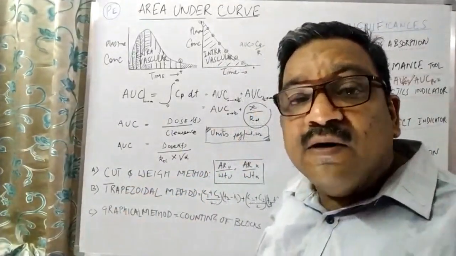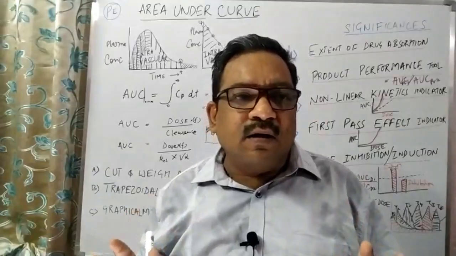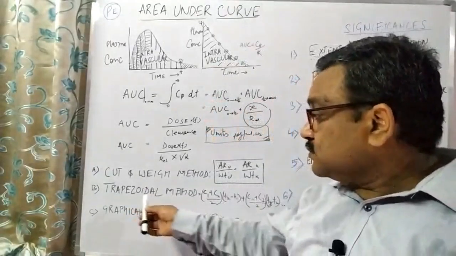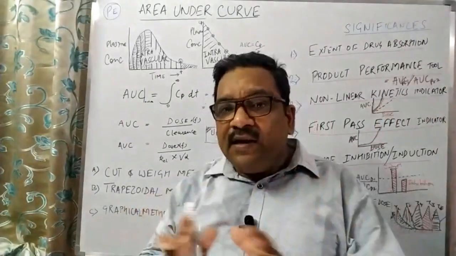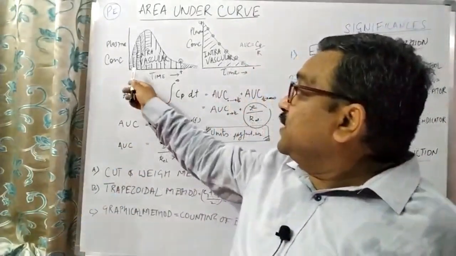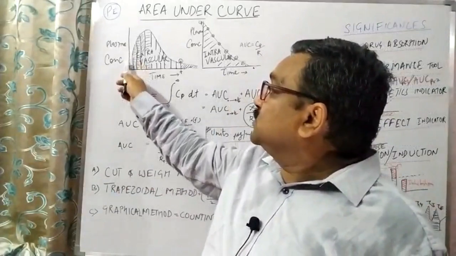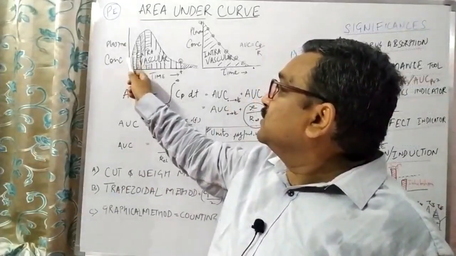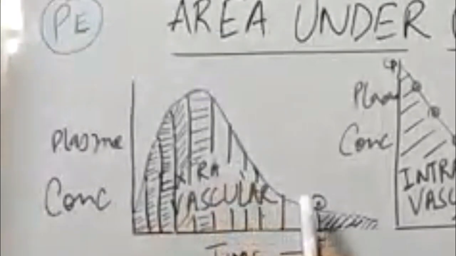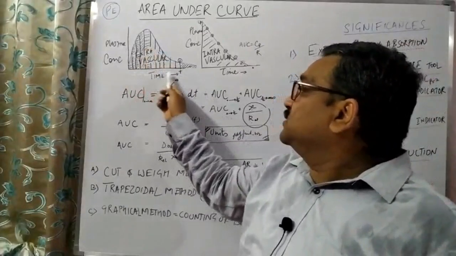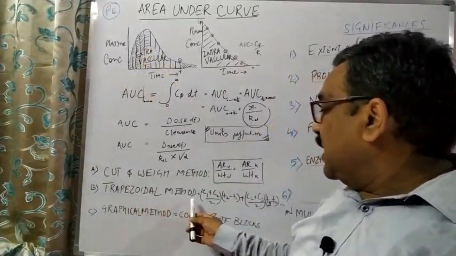The second important method by which we can calculate area under the curve is the trapezoidal method. The trapezoidal method is a mathematical method in which all the small trapezoids, 1, 2, 3, 4, 5, 6, 7, 8, 9, 10, 11, so 11 trapezoids, are calculated.